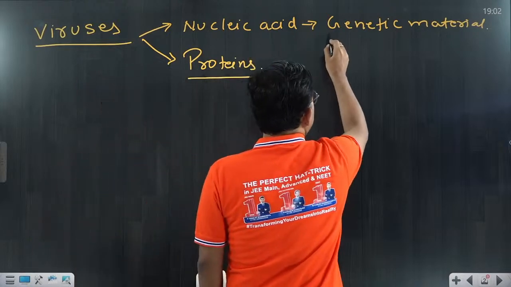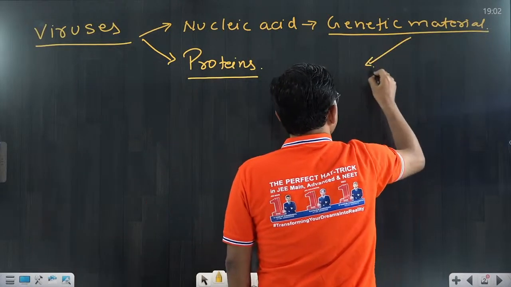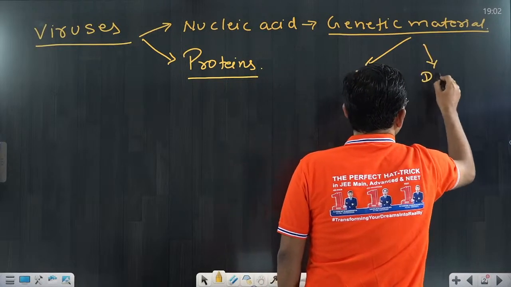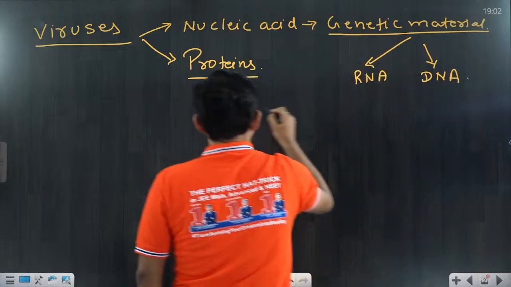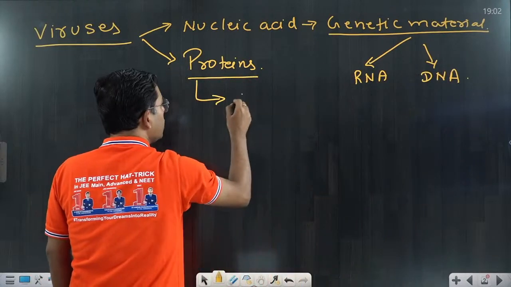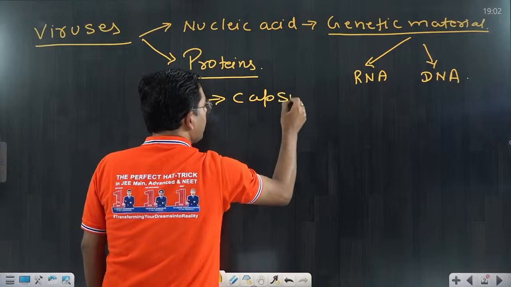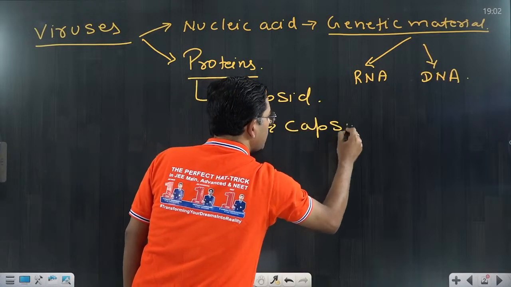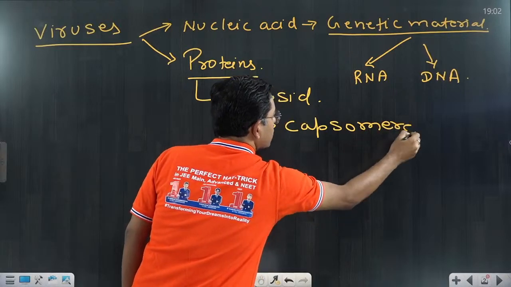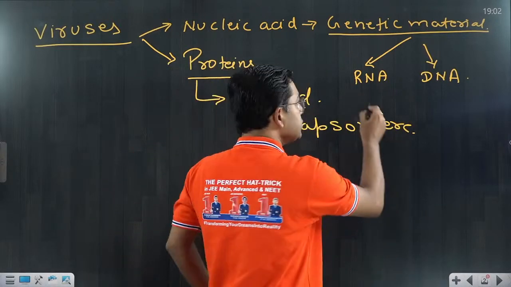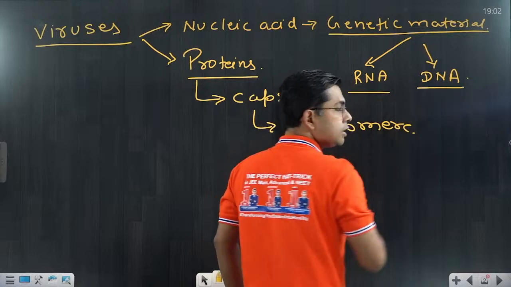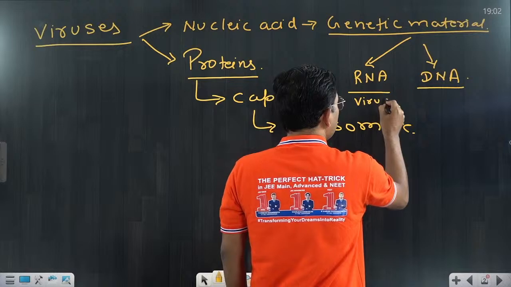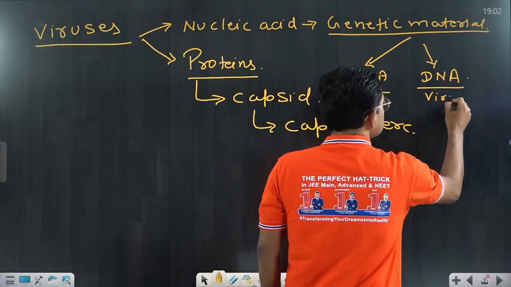Now this nucleic acid or genetic material can be RNA or DNA. On the other hand, the protein is called capsid, and the capsid has units called capsomeres. On the basis of whether RNA or DNA is the genetic material, a virus can be an RNA virus or a DNA virus.